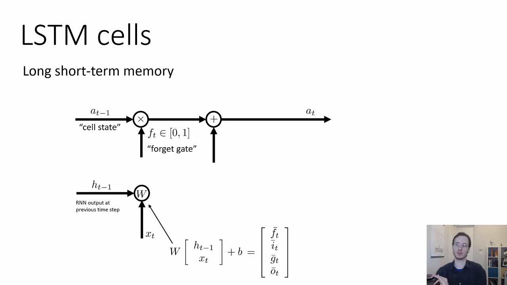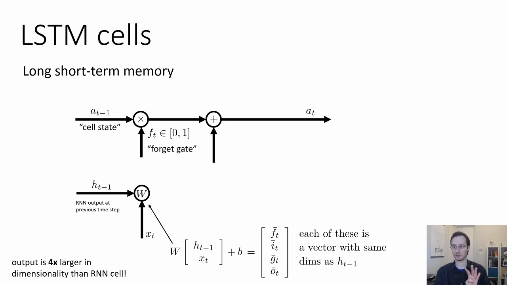One of those parts is going to be ft, another one is going to be gt, and then we're going to have 2 other things called it and ot. So there's 4 times as many outputs. The output is 4 times larger in dimensionality than the regular naive RNN that we had before. Each of these things is itself a vector of the same dimensionality as ht-1. All the other operations I'm going to describe are pointwise. They are applied to every entry in those vectors.